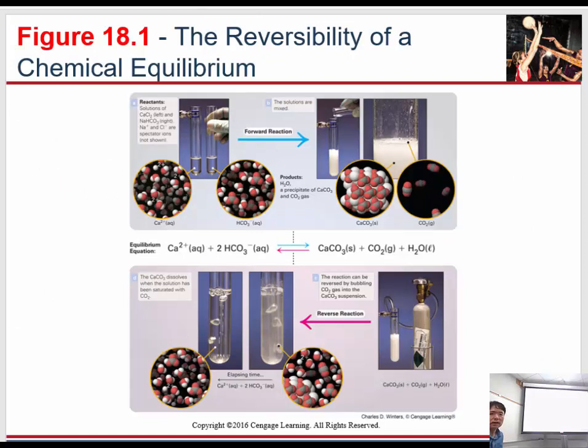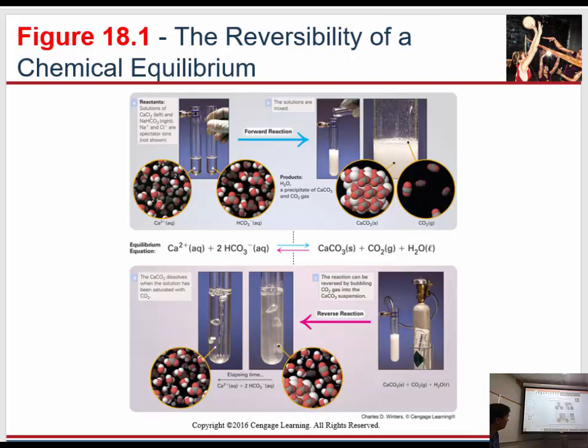Okay, so here we have reversibility of the chemical reaction. Let's see. We have calcium and bicarbonate. Oh, no, this is a precipitation reaction. We're going to get calcium carbonate and some CO2 that forms. And then they're showing calcium and bicarbonate, adding CO2 to go back.